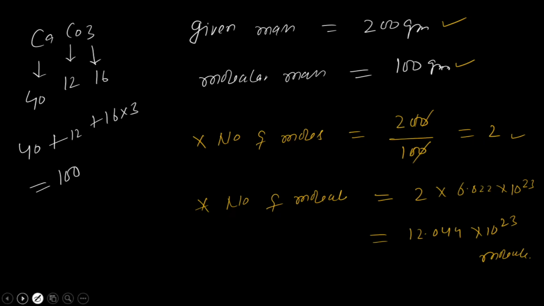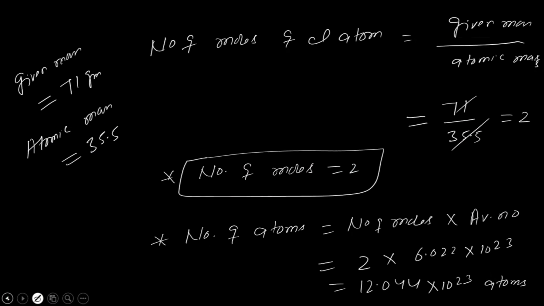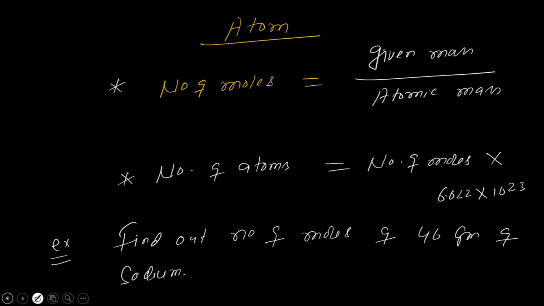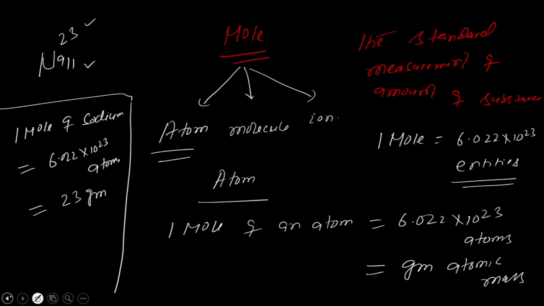What about the ions? As we have the molecular mass, ions have a term called formula mass. Atoms have the atomic mass, molecules have molecular mass, and ions have formula mass.